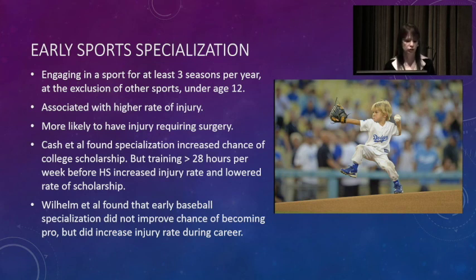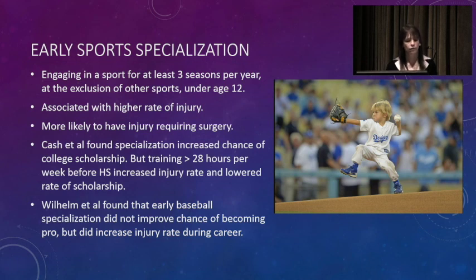Early sports specialization is basically playing for 3 seasons or 8 months of the year under age 12 to the exclusion of other sports. So you're using the same muscle groups again and again and again without adequate rest. And the rate of overuse injury is so much higher if that's the case.